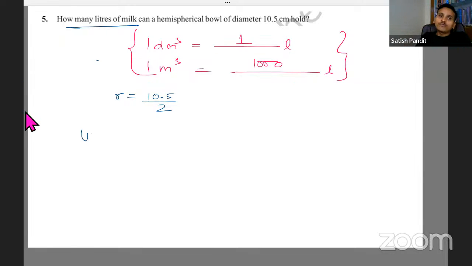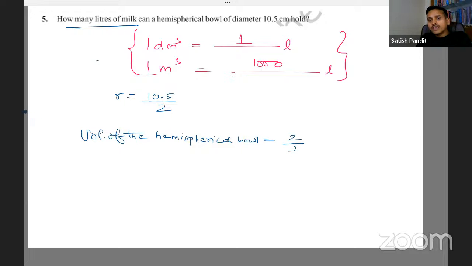So volume of the hemispherical bowl will be what? 2 by 3 pi is 22 by 7 r cube. That means 10.5 by 2 into 10.5 by 2.